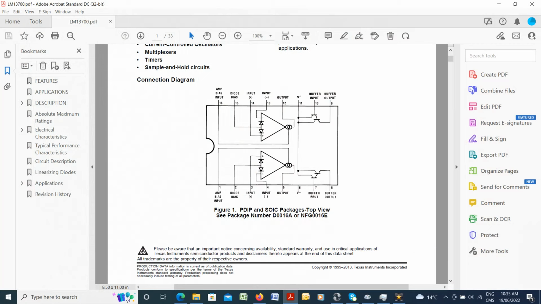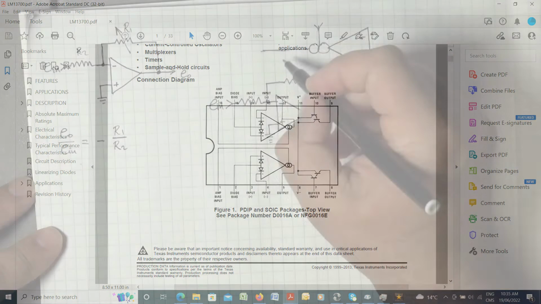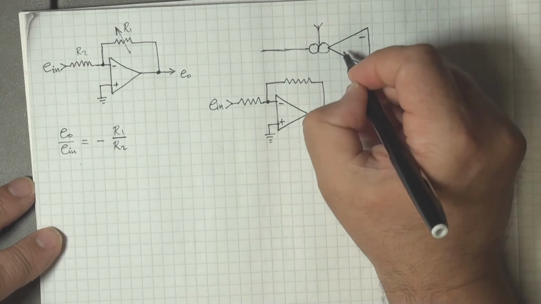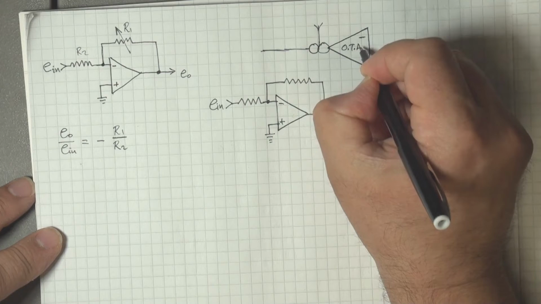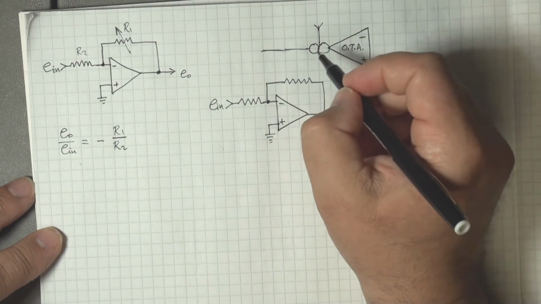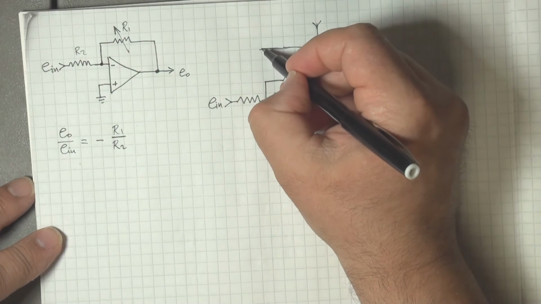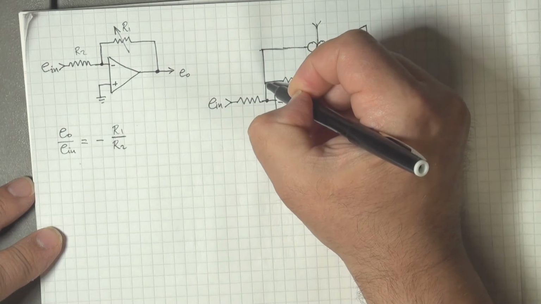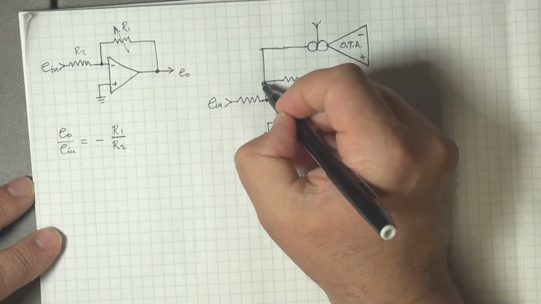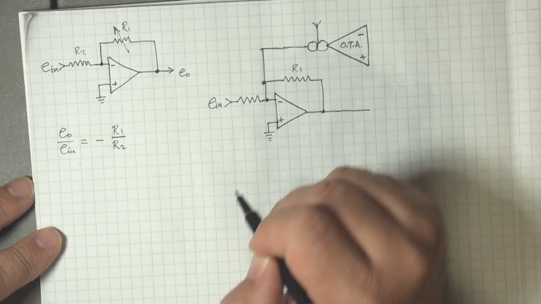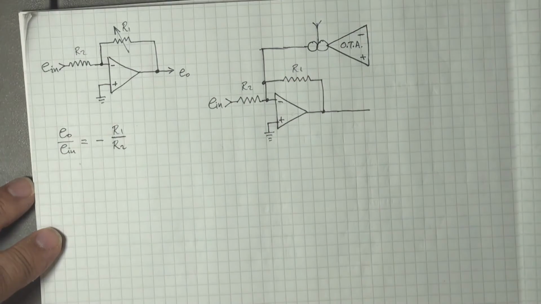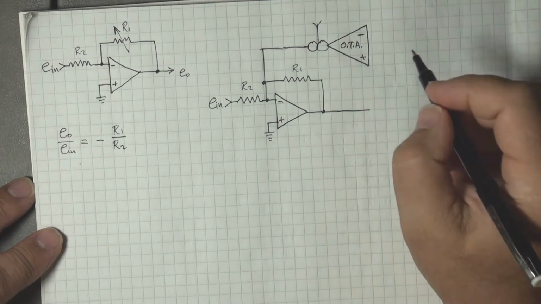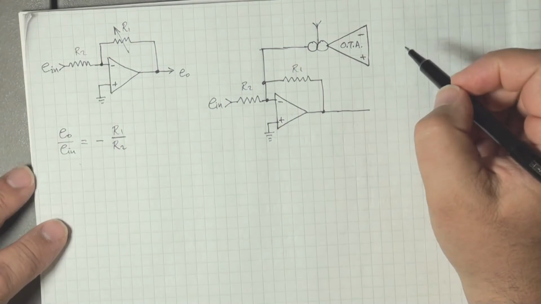The output of this operational transconductance amplifier, which I'll call OTA for short, is fed back to the junction of this static R1 resistor and the R2 resistor in the feedback loop of the op amp. Okay, so what do we do with the inputs?